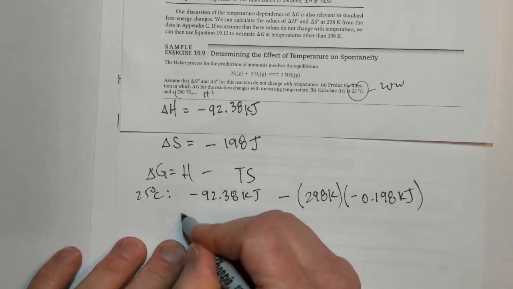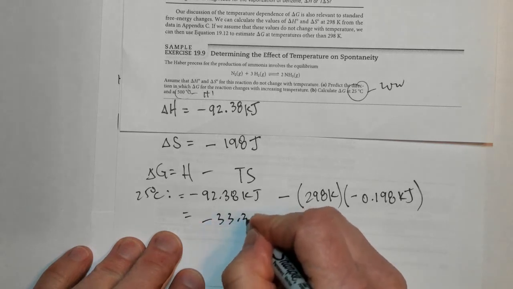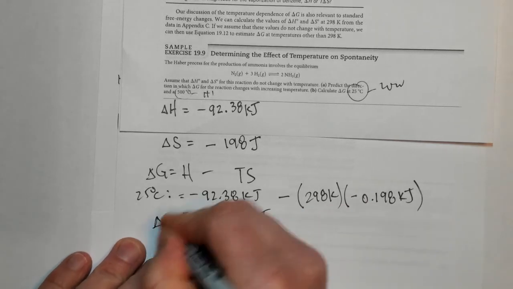So pushing this into the calculator, then at 25 degrees Celsius we end up with a negative 33.3 kilojoules for our delta G.